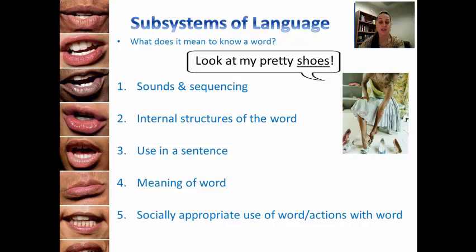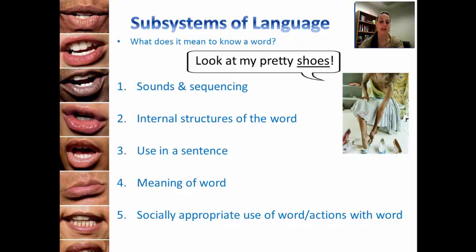If she were doing this in the context of an interview or in the context of a class, for example, then it would not be an appropriate phrase to say or actions to take in that context. So these 5 different levels of knowledge that this lady represents, and that we show all the time in our use of language, represent the 5 subsystems of language.